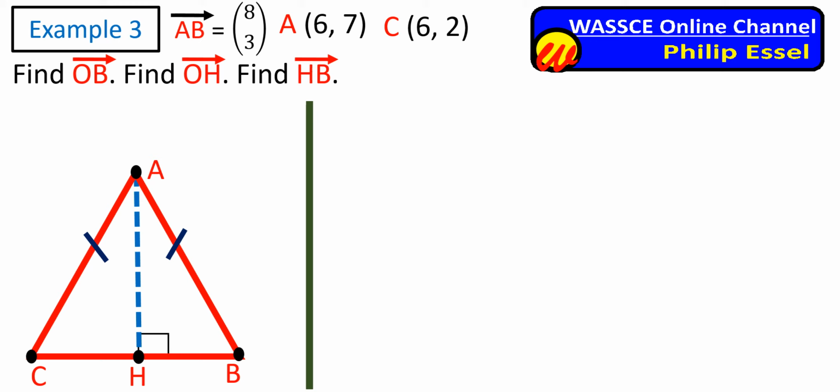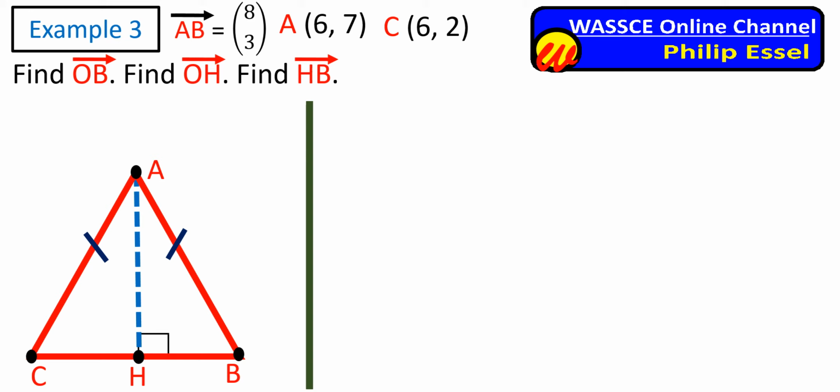The question has also been able to give us the point A to be (6, 7), and the point C to be (6, 2). It then went ahead to give us the vector AB to be (8, 3).